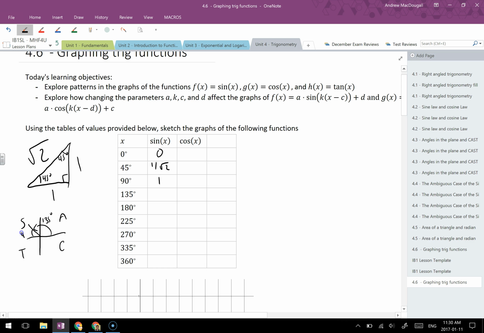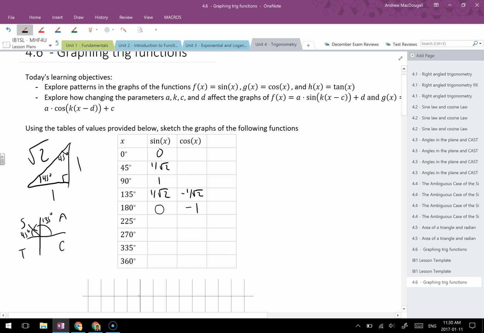Now, in this quadrant, sine is positive, but cosine is negative. 180 degrees, its sine is going to be equal to 0, and its cosine is going to be equal to negative 1.